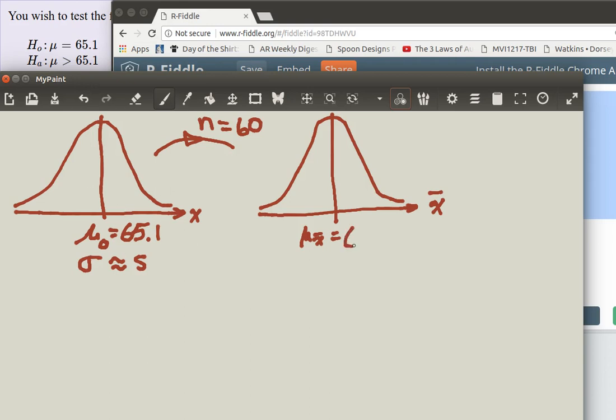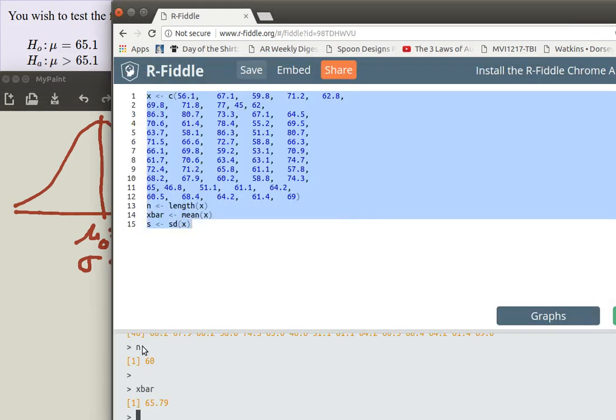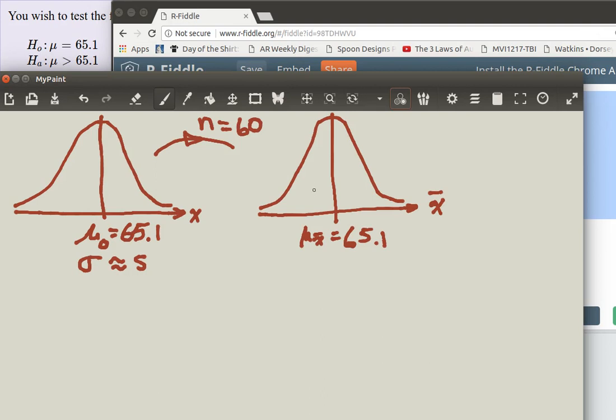Our null hypothesis is saying that that should be 65.1. Okay, now we took a sample, and our sample came up with a value. Let me just go back and see what that value was. 65.79. So up here at 65.79 is our x bar.